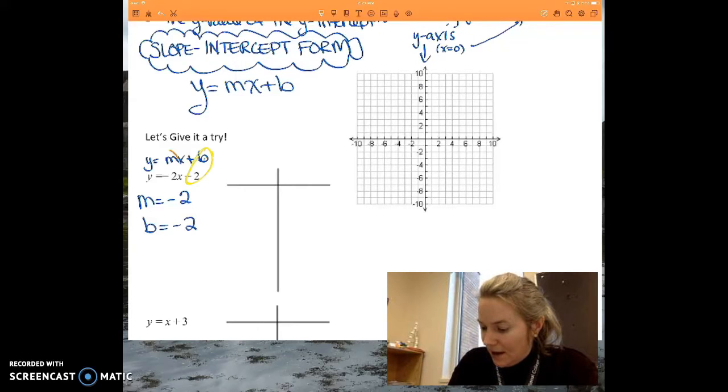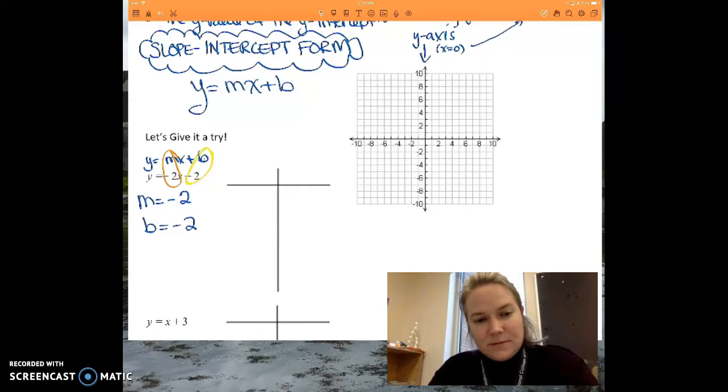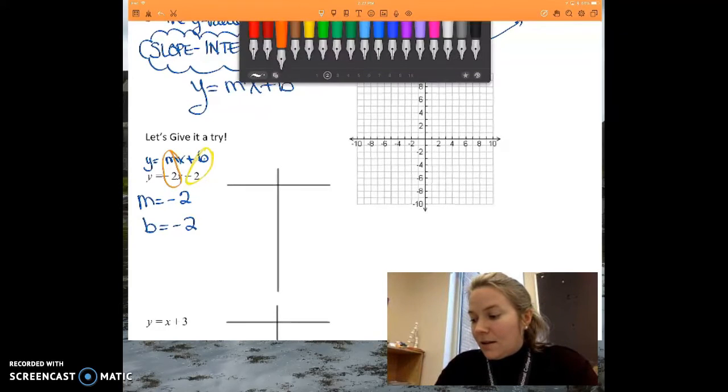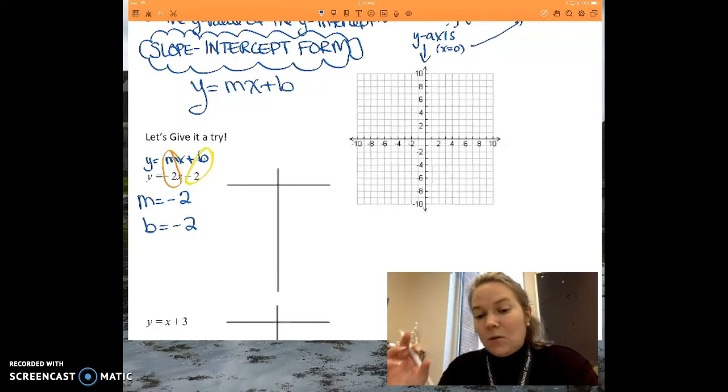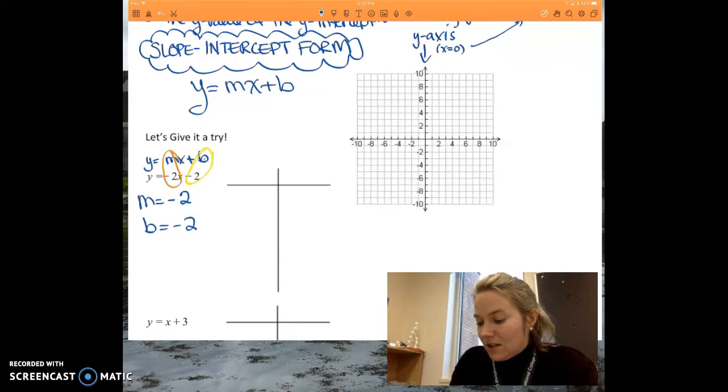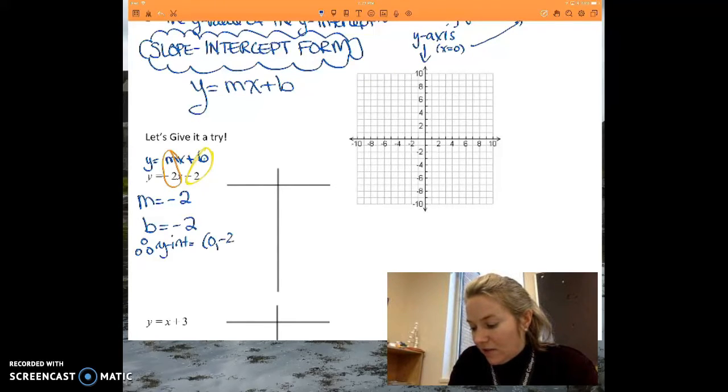And this is m, right there. How does that help us? Well, remember we said that b is the y value of the y-intercept. So if b equals negative 2, therefore we know the y-intercept is (0, negative 2).